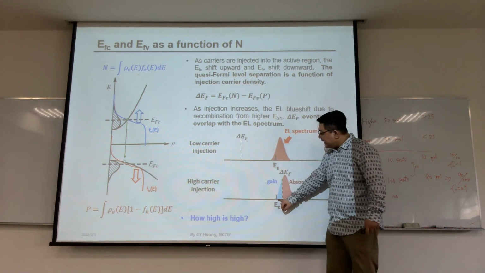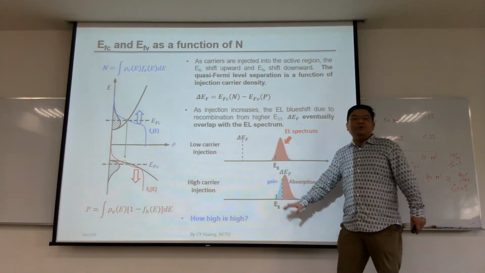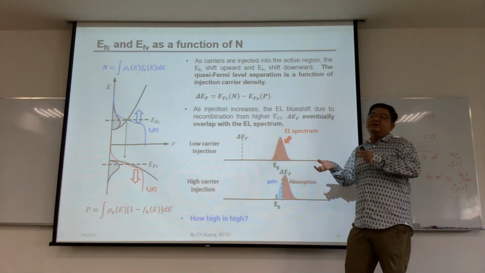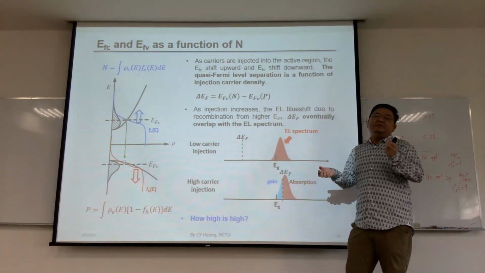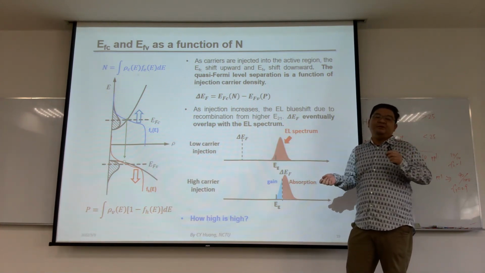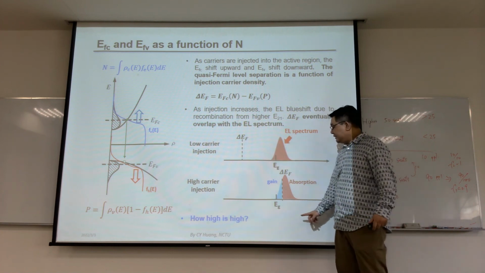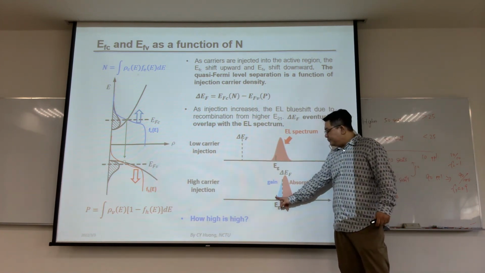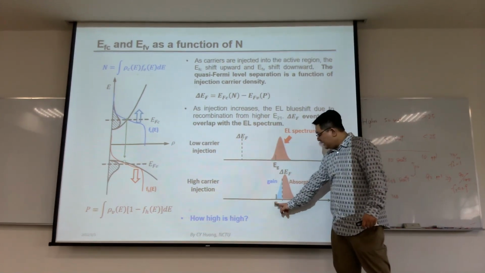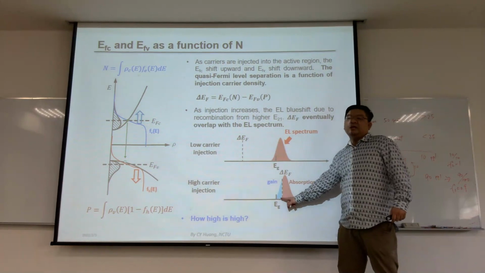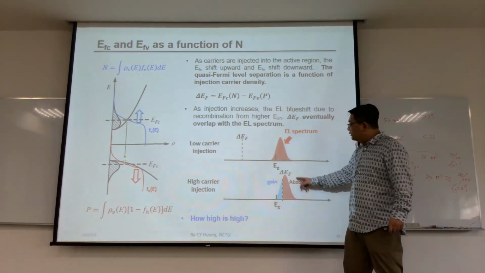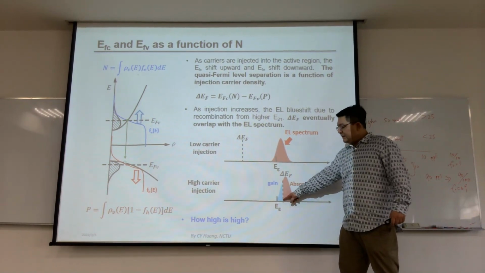Because when the light energy is less than Eg, there will be no states for both, so the transition rate will be 0. Since we're talking about gain, the transition rate should be a real number larger than 0. So that gives you a positive gain bandwidth from Eg to delta EF. If your incoming light has an energy higher than delta EF, it's still absorbing.